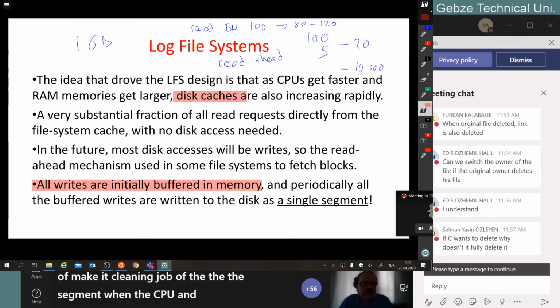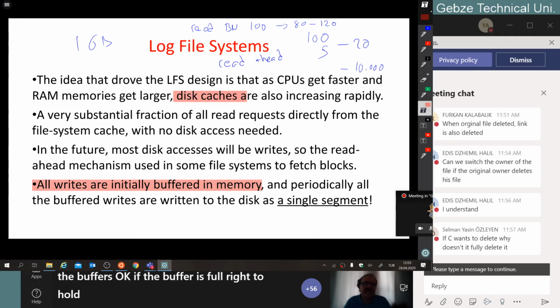So this log file system has this property: keep most of the read data in the cache. Also, your writes are not direct writes, write them to the buffer. If the buffer is full, write the whole buffer to the disk at the same time in a single write. So what am I going to do with these original inodes and blocks?